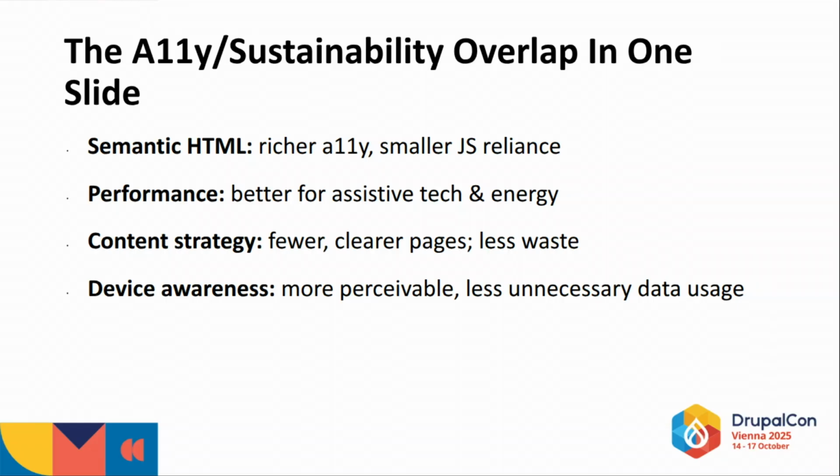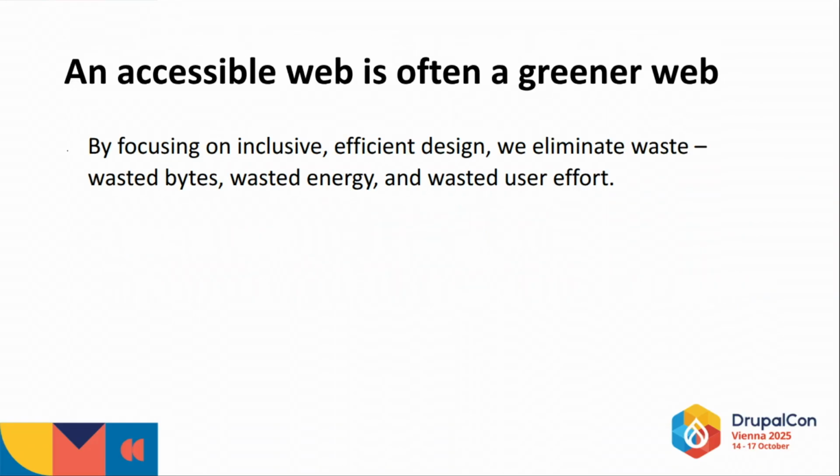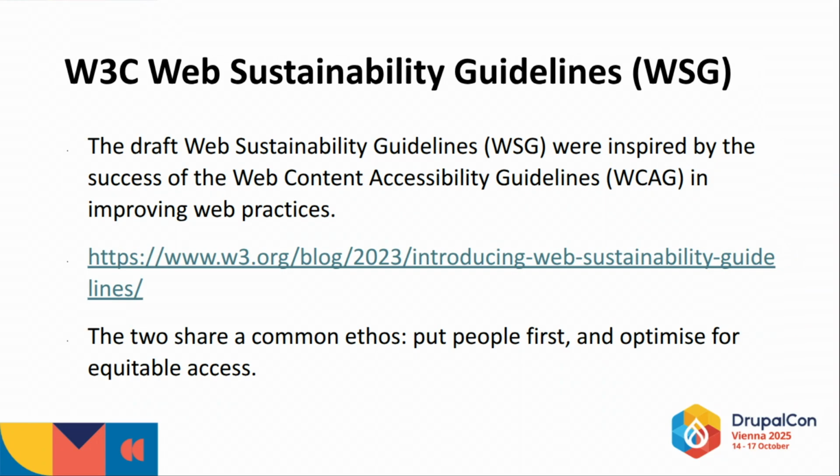So anything that's blocking you, anything that's a friction between you and the content that you came for in the first place, try and get rid of that bloat, basically. So an accessible web is often a greener web. By focusing on inclusive, efficient design, we eliminate waste, wasted bytes, wasted energy, and wasted user effort.